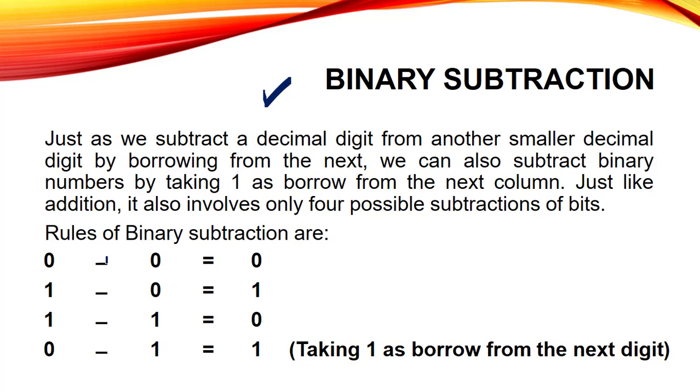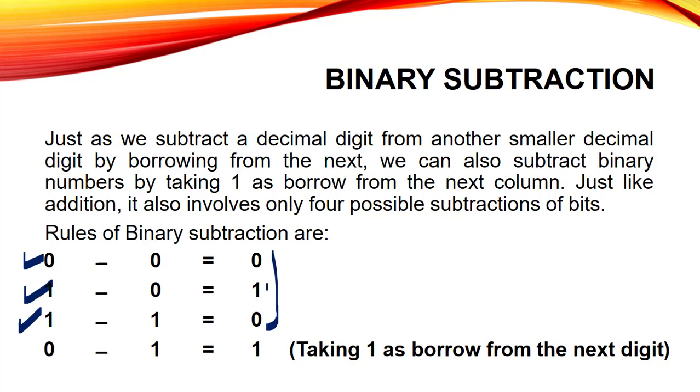But in the binary number system, we have to keep one rule in our mind when we are solving the numbers. Generally, we have these 4 cases, and in these 4 cases only we can perform all the binary operations. The first was 0 minus 0, that will be 0, 1 minus 0 will give you a result of 1, and then 1 minus 1 will give you a result of 0.